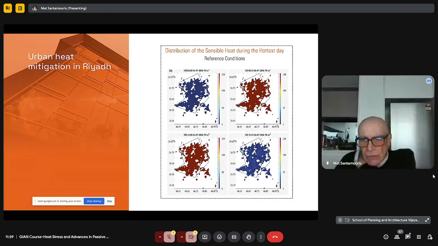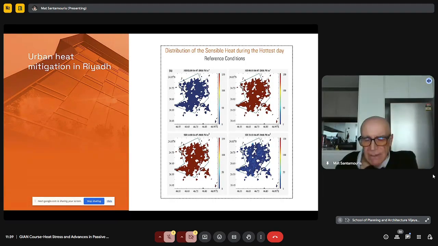While later in the afternoon, this decreases and goes down to 50, or even lower during the night. During the day, the sensible heat which is released, the 150 watts per square meter, is very important, which shows us why overheating happens and what kind of mitigation technologies have to be used in order to cool down Riyadh.